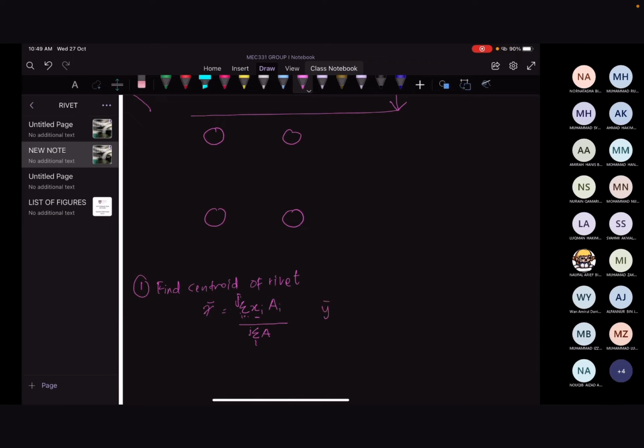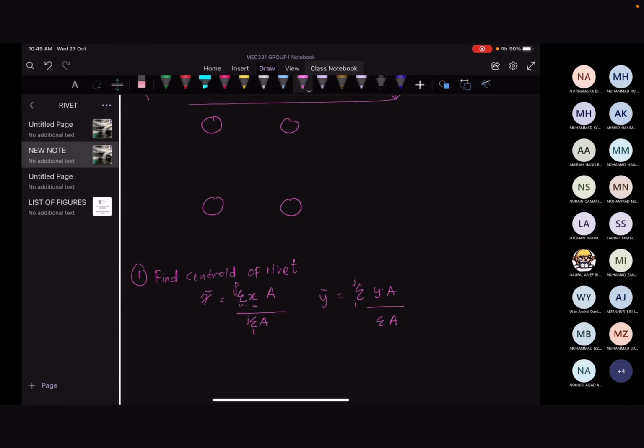So this is dia punya formula untuk cari X bar. So the Y bar pun sama lah. Y bar is kita akan pakai Y pula, I sampai J, summation of. Saya tak ingat nak tulis matematik dia, tapi awak boleh tengok balik formula dia.